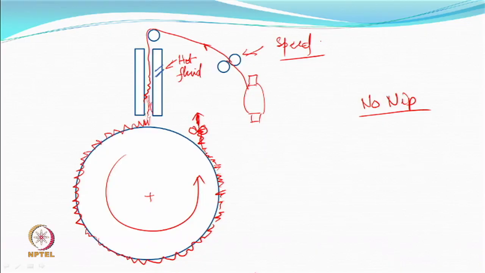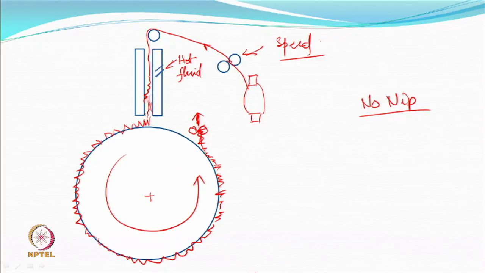And what this drum is going to do, it will take this crimped yarn on the surface all along and cool it also. It is a metal surface, so it cools. So, by the time it reaches this point, it is cooled. So, the crimps that are there are set. So, what has happened?